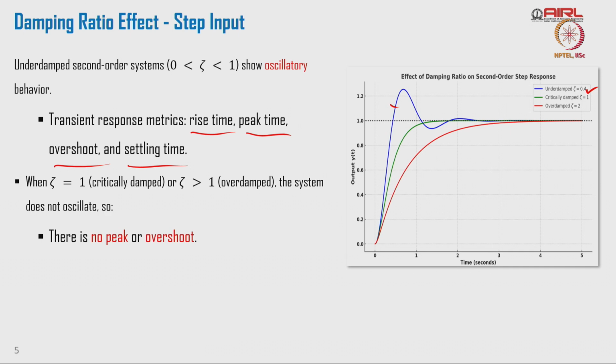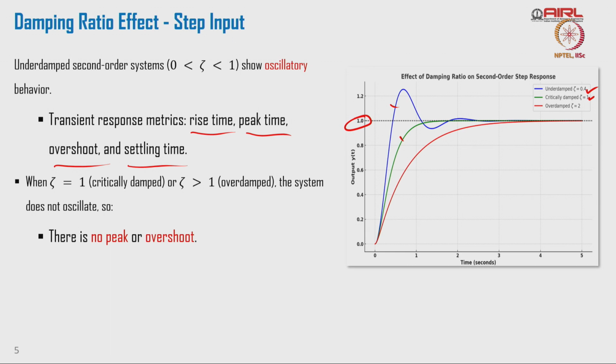When zeta is equal to 1, that means it is a critically damped system, right? For that, the response will be something like this. You see that it is the fastest among all three scenarios, which settles down to the steady state value of 1 in the quickest possible time. So when zeta is equal to 1, the system does not oscillate.